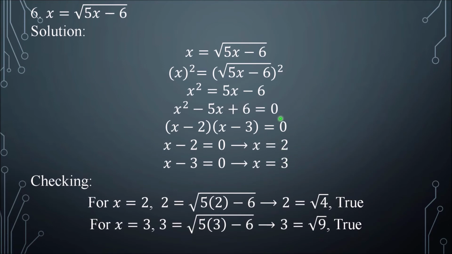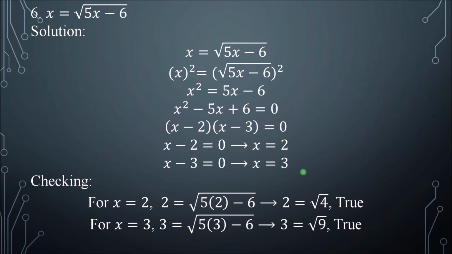Because our radical equation is turned to a quadratic equation, x squared minus 5x plus 6, which is equal to 0. So from radical equation to quadratic equation. So again, the values of x are x is equal to 2 and x is equal to 3.